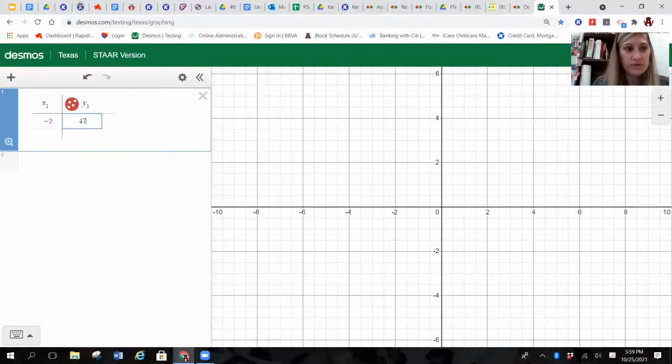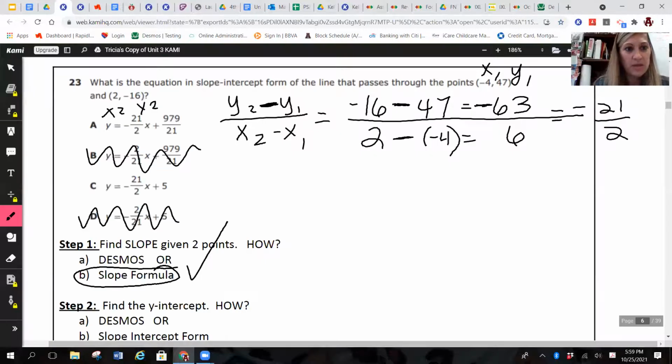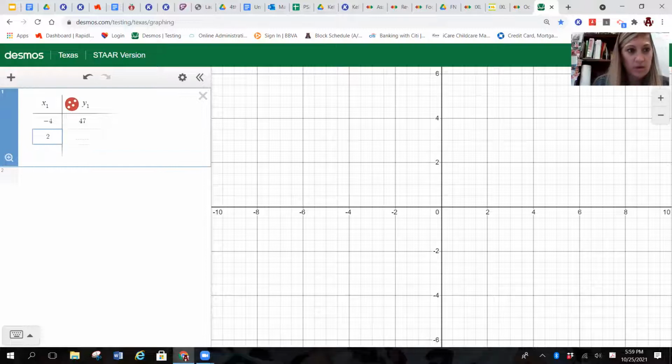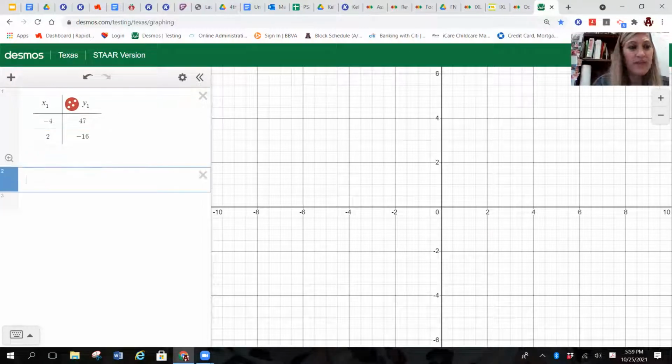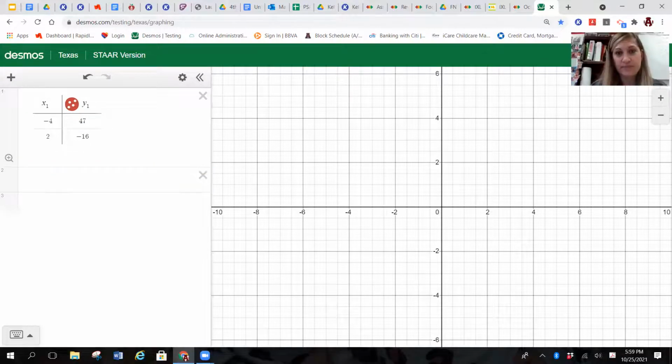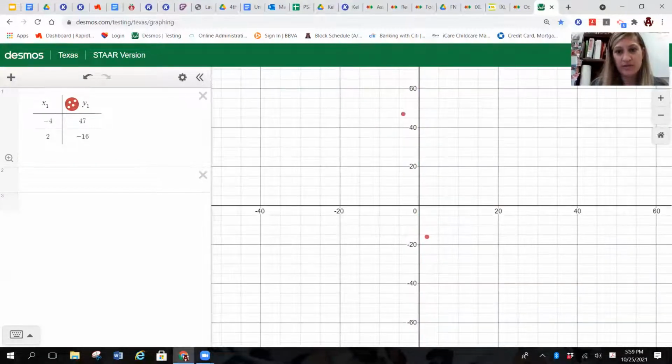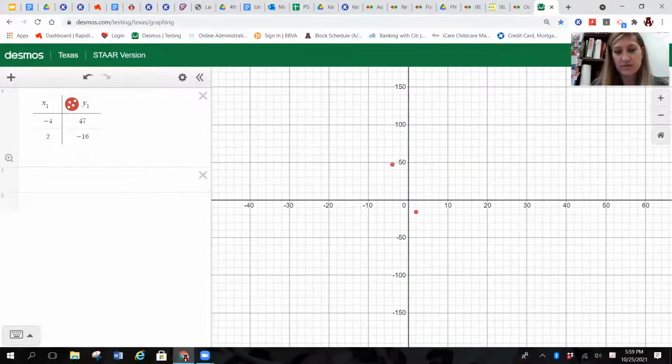Negative 4 comma 47, and 2 comma negative 16. Then I have my table with my 2 points. I could zoom out and I can see here are the 2 red dots. Counting the slope of that would be horrible.